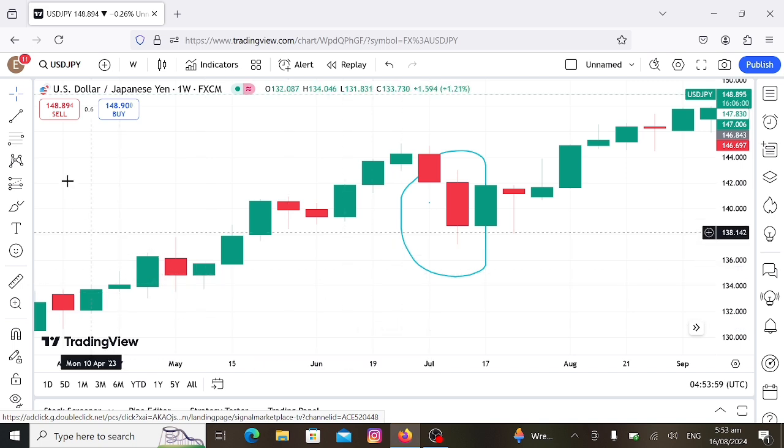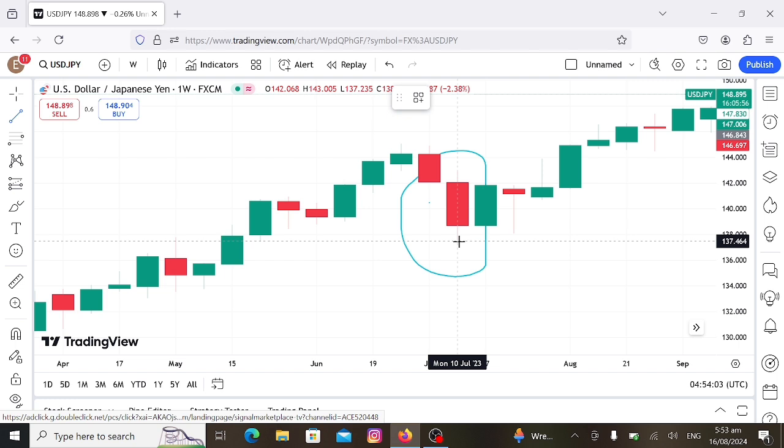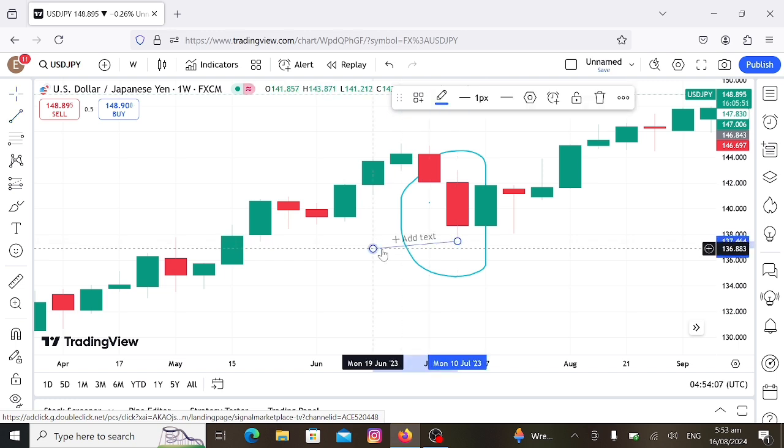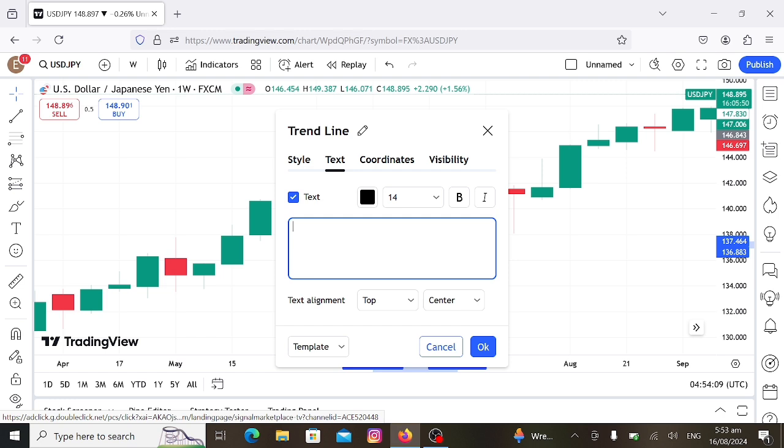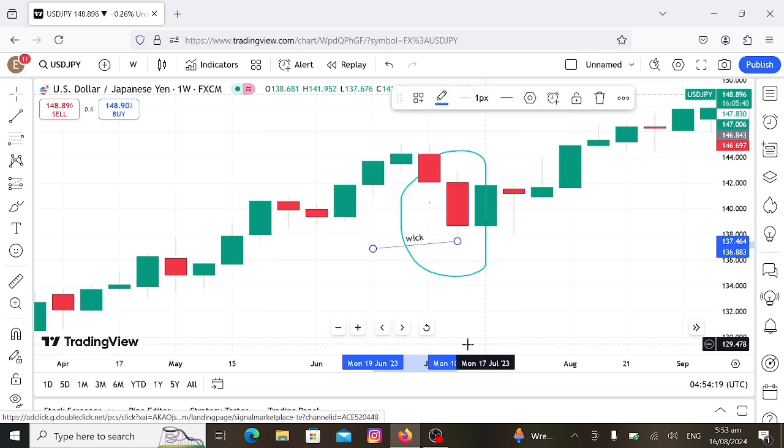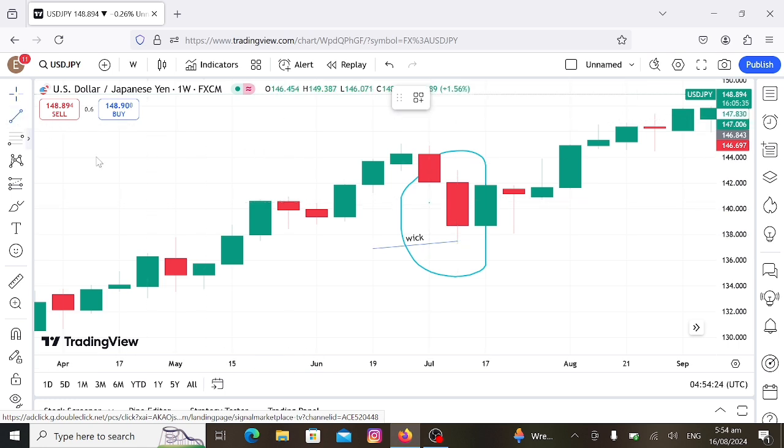So basically, we have the wick. This is the wick, and this is the body.